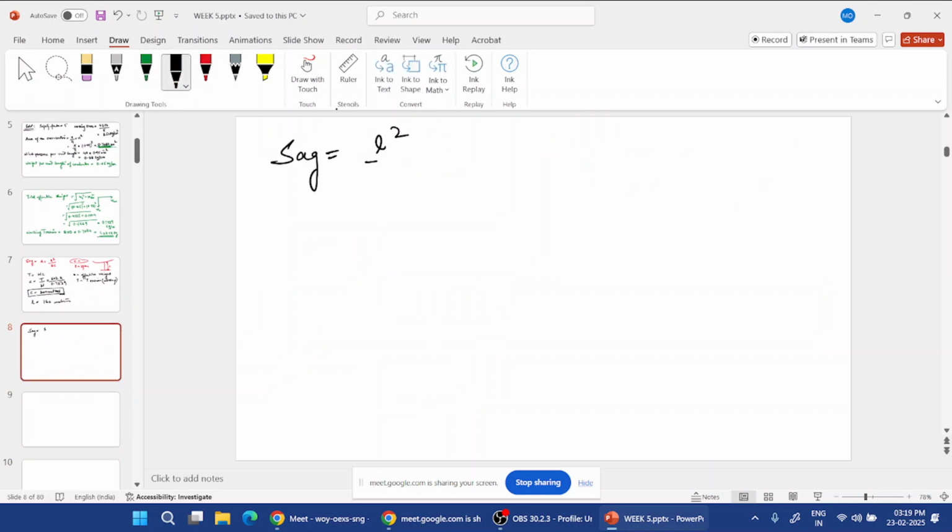Sag is L square upon 8C. What is L? 160 into 160 divided by 8 into C. What is C? 800. So let me calculate it for you. 160 into 160 divided by 800 divided by 8 comes out to be 4 meter.